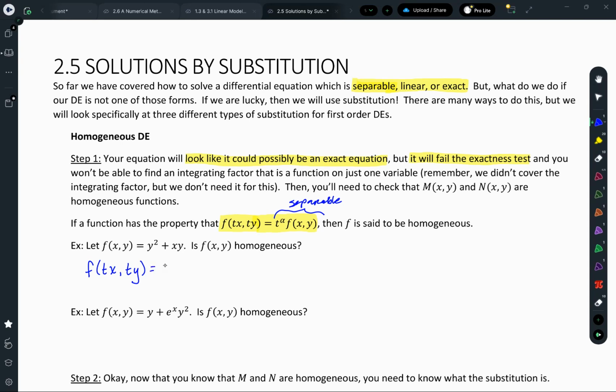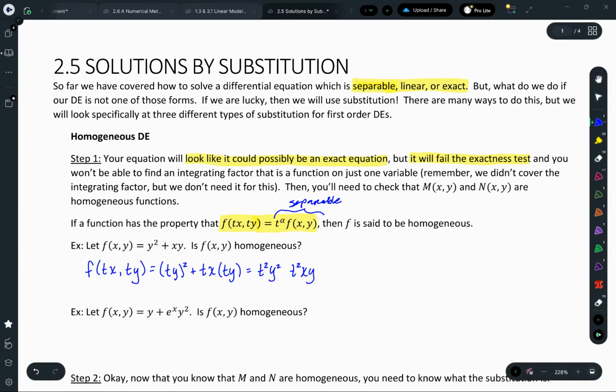When we plug things in, the y squared becomes, in parentheses, ty all squared plus x becomes tx and y becomes ty. And then we simplify that and do the math. It becomes t squared y squared plus t squared xy. Now I'm noticing a t squared common to both terms, and that I also had too many equal signs.